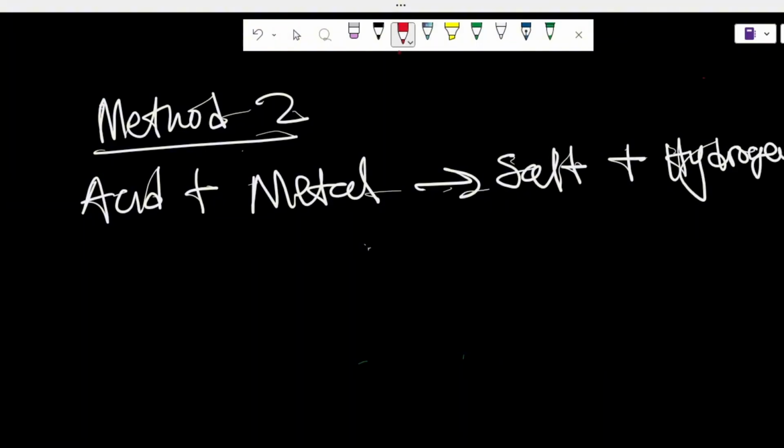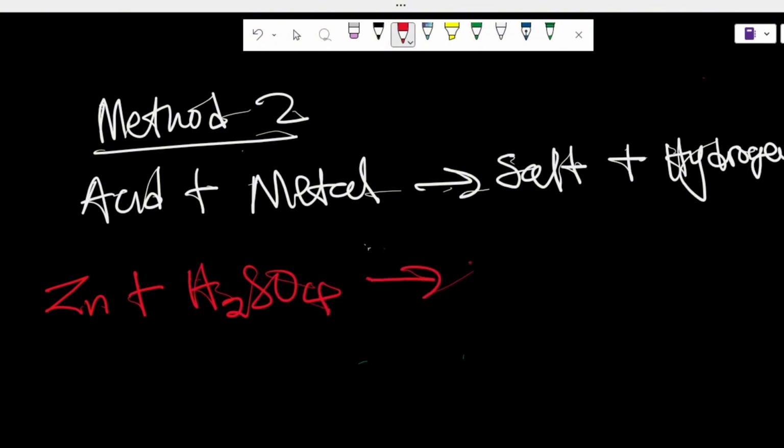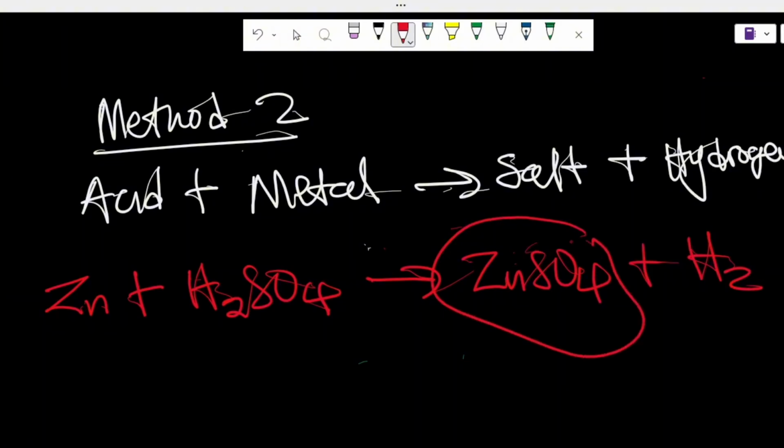Now, this means that if we try to use some examples here, again, zinc, when it reacts with sulfuric acid, is going to give us zinc sulfate plus hydrogen. So in this case, zinc sulfate is also a soluble salt.